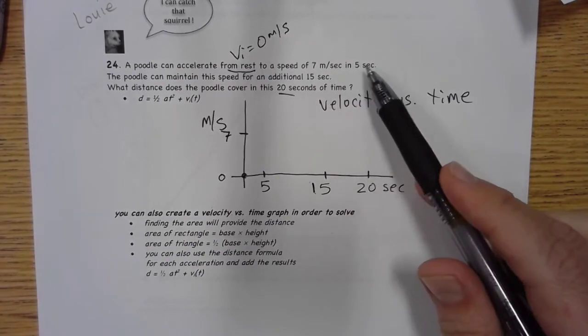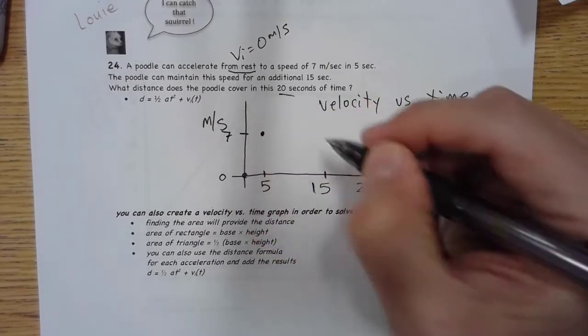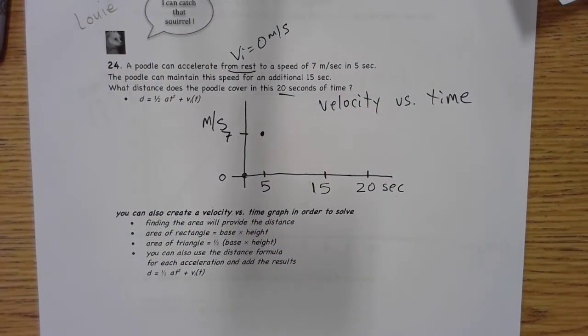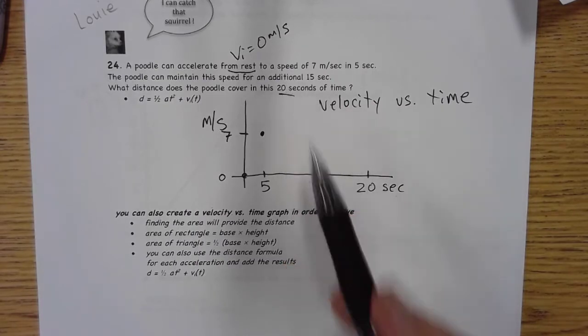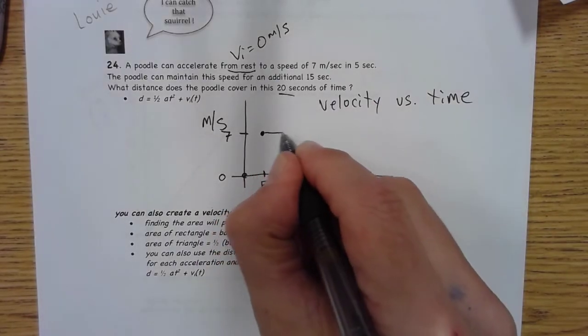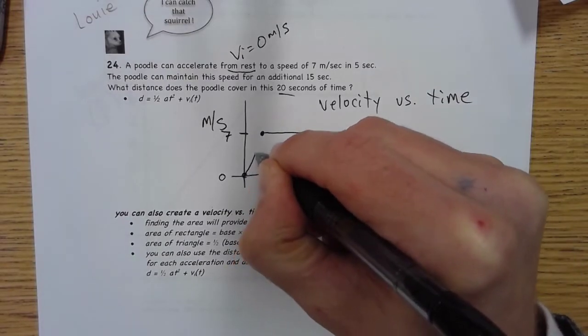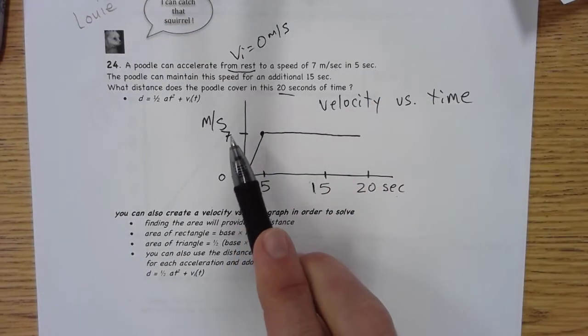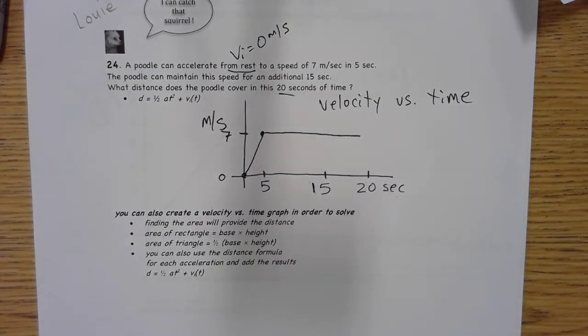What does it say? It takes him 5 seconds to get up to that speed of 7, and then he holds that. That 15 doesn't really need to be there. He holds it for an additional 15 seconds. So he takes 5 seconds to get up to 7, and then holds that for 15 more seconds, for a total of 20.